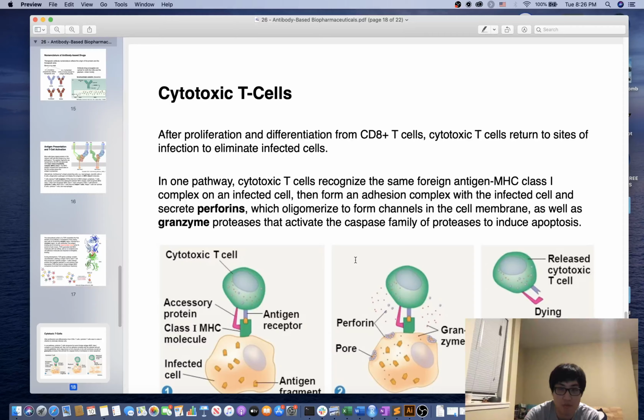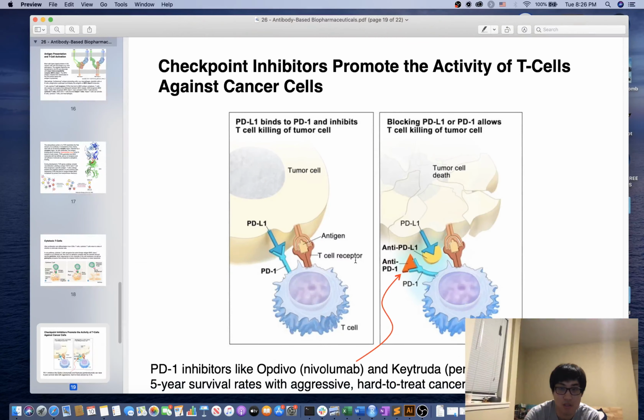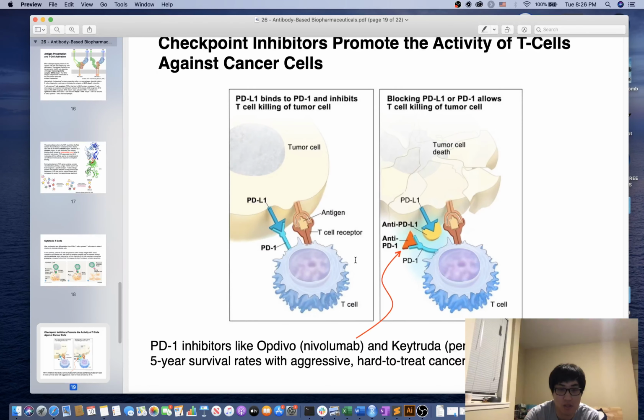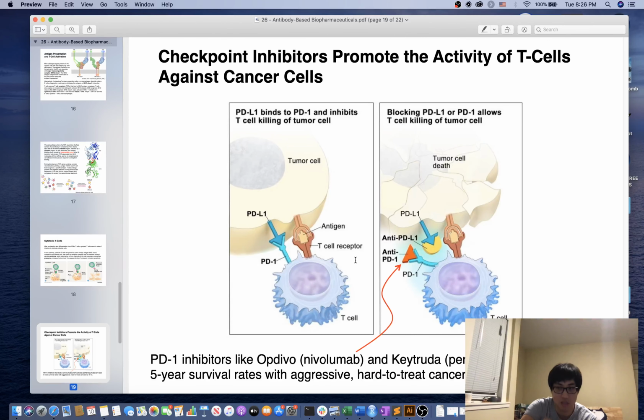So these cytotoxic T cells, you probably want to know this one. It's a Nobel Prize study of cancer treatment. If these are tumor cells, the tumor cell has evolved to express PD-L1 on the surface, so the T cell's PD-1 can recognize it and say, okay, you're good to go, and that just passes the checkpoint.